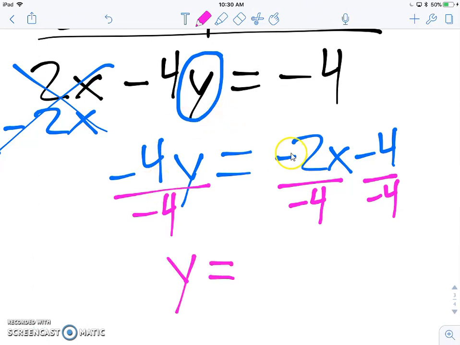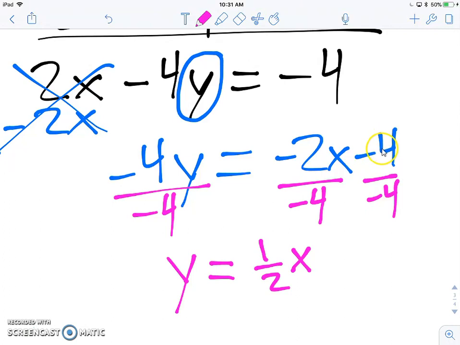And then negative 2 and negative 4 here, negative divided by negative is positive, so I know this is going to be a positive outcome. But this is a fraction, 2 over 4. So I can simplify this fraction to be 1/2. And remember, it's positive because of the negative negative. And then my x comes with it.